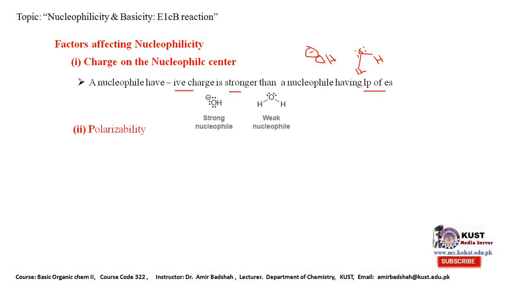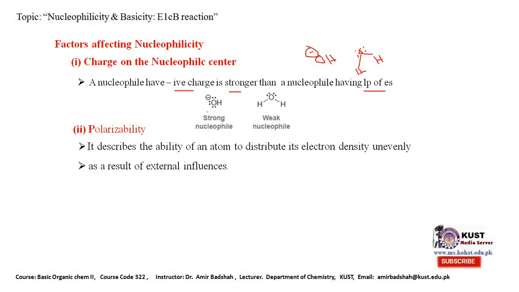The second important factor is polarizability. First we should know what polarizability is. It describes the uneven distribution of electrons as a result of external influence.